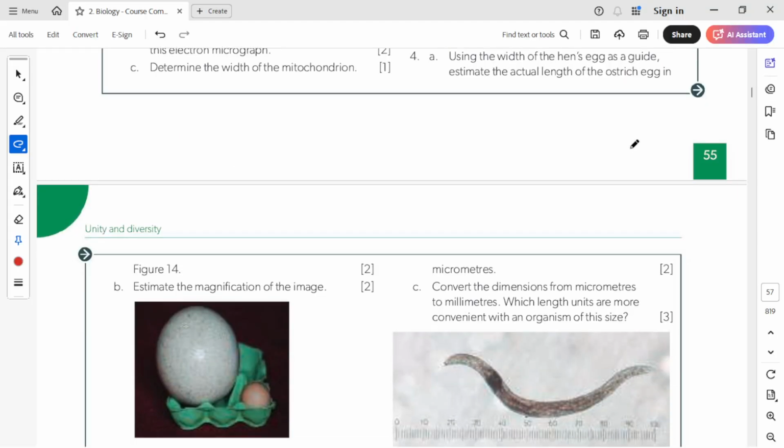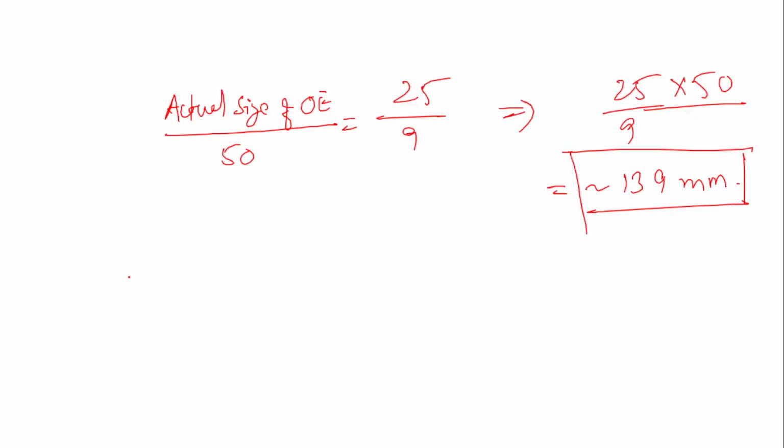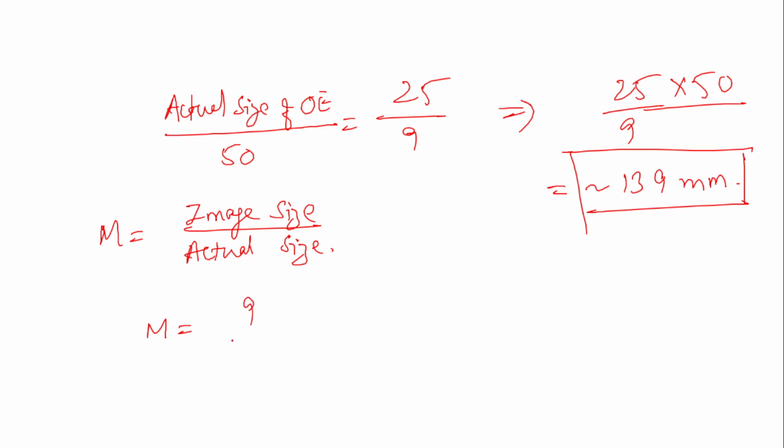Now the next part of this question: estimate the magnification of the image. We can find the magnification because we already have the actual size and the image size. Using our formula, magnification is equal to image size upon actual size, right? So if we consider the hen's egg, the image size was 9 millimeters and the actual size is somewhere around 50 millimeters.